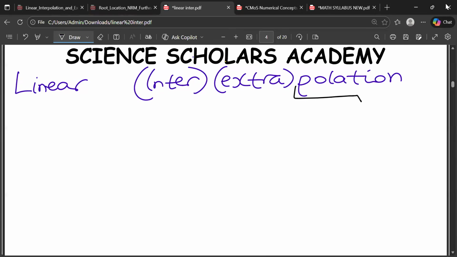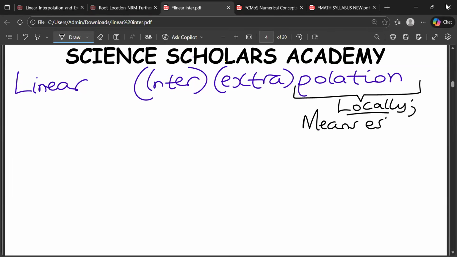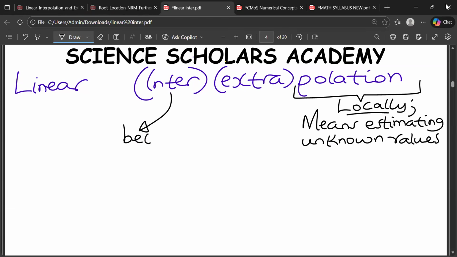Polation alone, locally, means estimating unknown values.